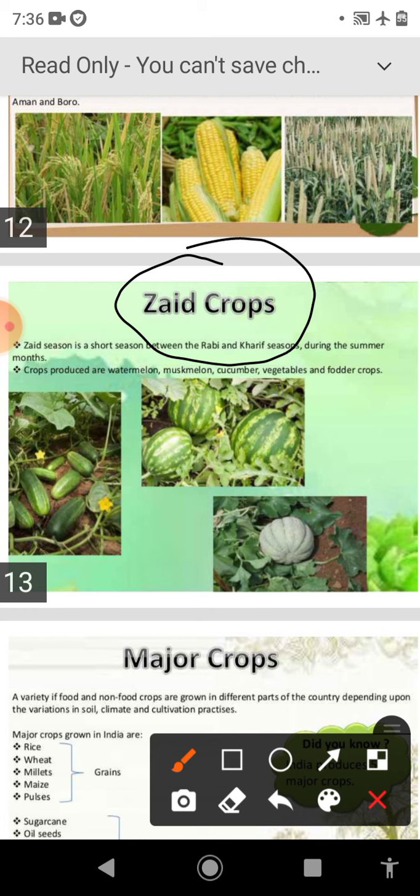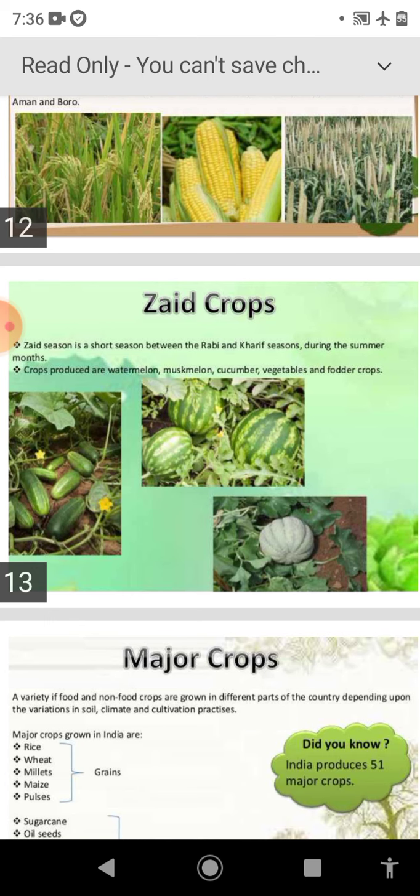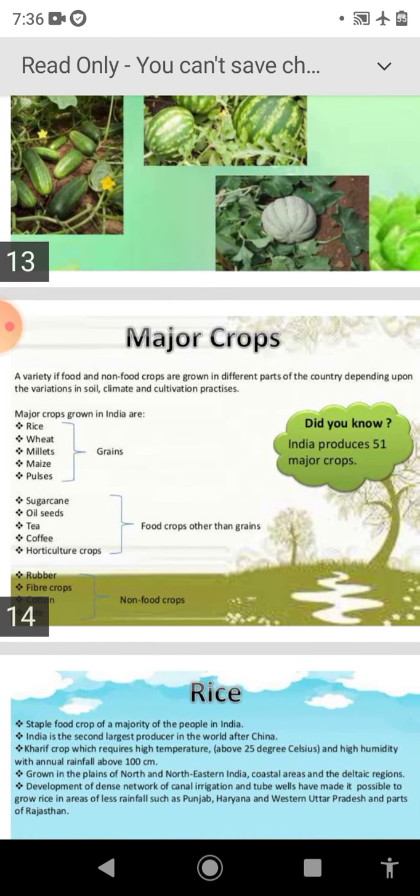Wetland farming is practiced in the high rainfall and irrigated areas. The important crops include rice, sugarcane, and vegetables. Two crops are generally raised in a year during the Kharif and Rabi seasons. After that, we will discuss major crops.